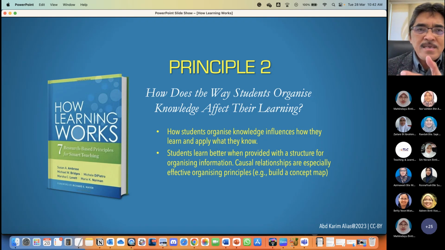Well, they learn a little bit here and there, but there's no really systematic way of teaching students how to learn, and how to organize information, how to connect the dots. So this is something in principle number 2. How does the way students organize knowledge affect their learning?